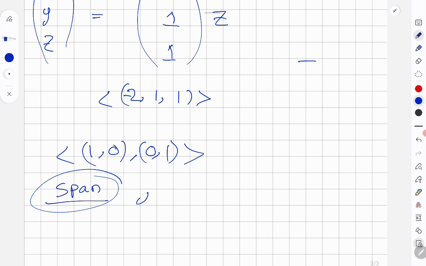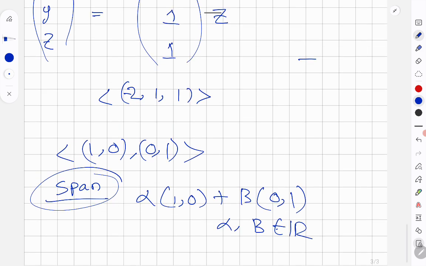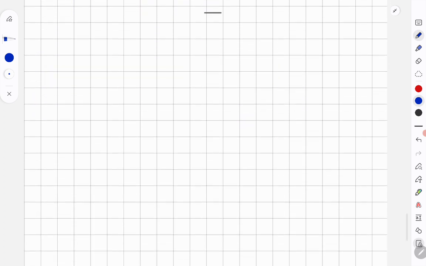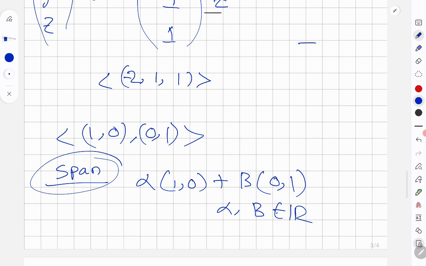It means that there could be alpha times 1 0 plus beta times 0 1, and alpha and beta belong to R. So you have a 2D vector space, and using these two elements you can reach every single element that is present in this vector space.